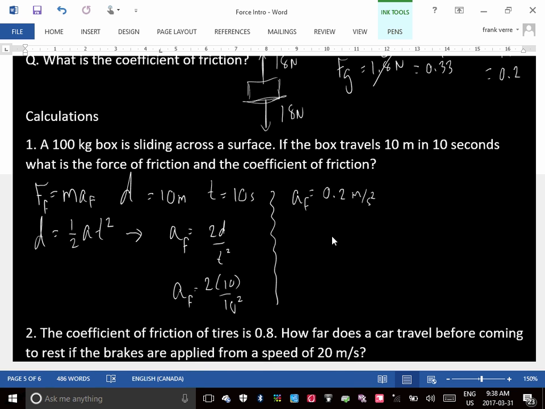We have to assume it's friction. Okay, so then what's the force of friction? Well, now the force of friction is the mass times AF. So the force of friction would be 100 kilograms times 0.2, which is 20 newtons. That's the force of friction.